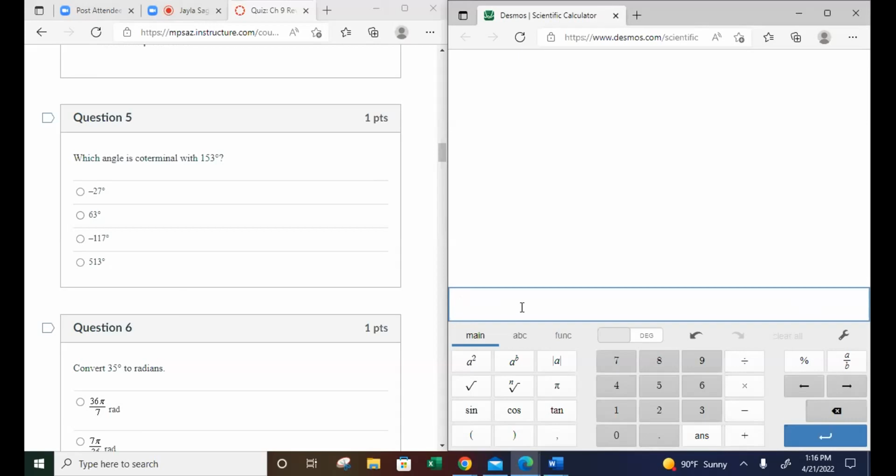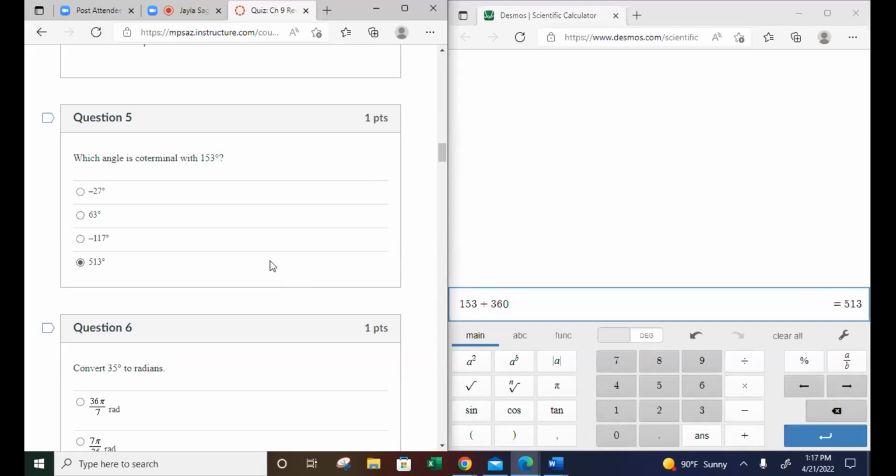So I would first try adding it. I would go 153 plus 360 and see if that number is there. And it is. Now, if it wasn't there, then you would have to add 360 again or subtract 360 more than once until you get the number that's there.